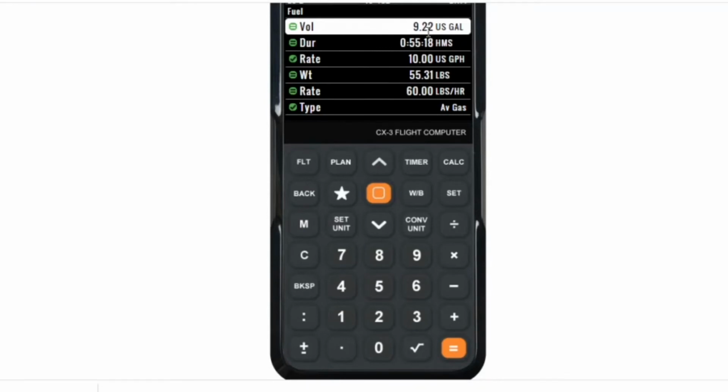And so it's really helpful. It's basically saying the amount of fuel is equal to the rate that you burn the fuel times the time that you're going to be flying that distance.